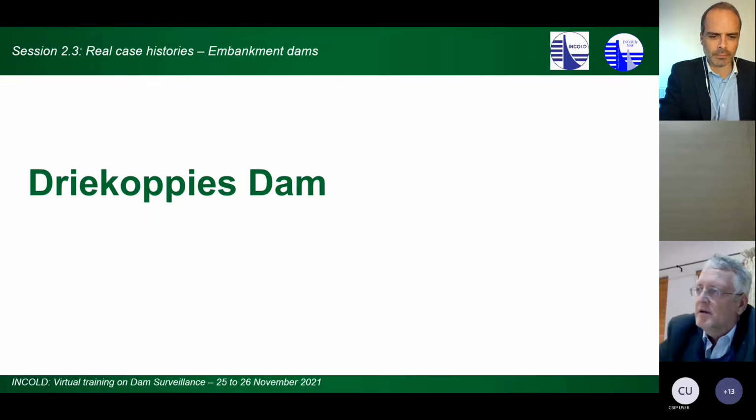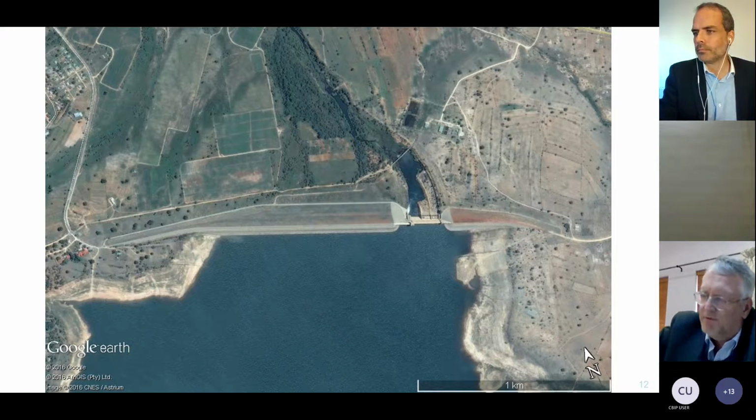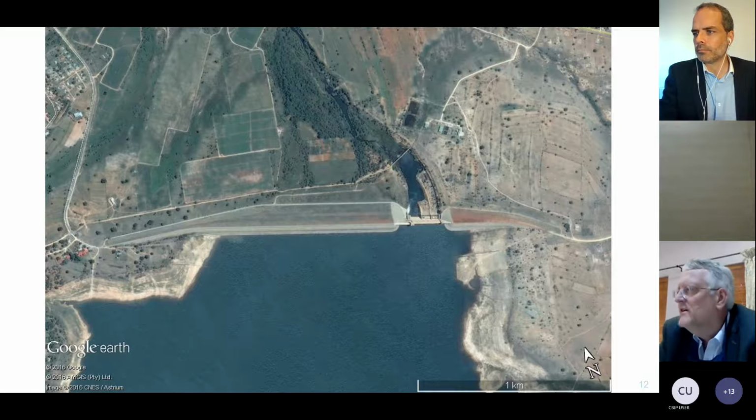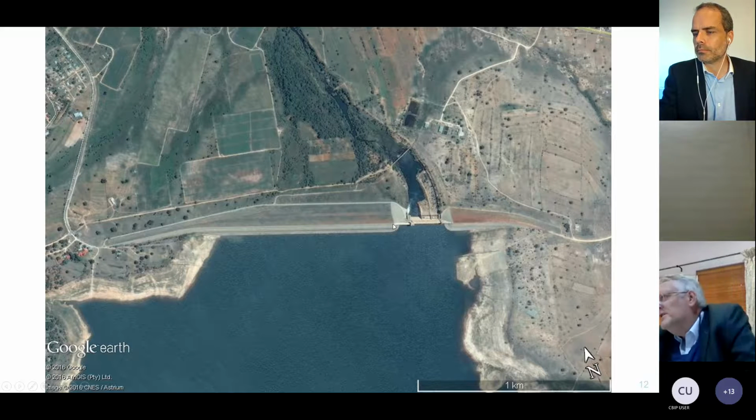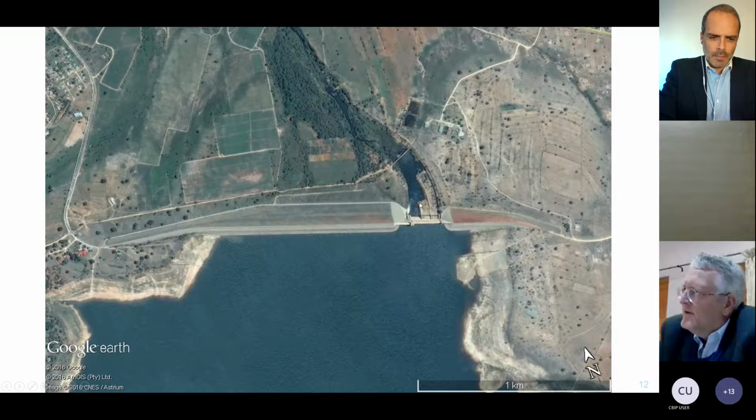Okay. So my next one is Driekopies. I've got two examples. I've talked about it before. It's an earthfill embankment with a concrete spillway in the current river section.